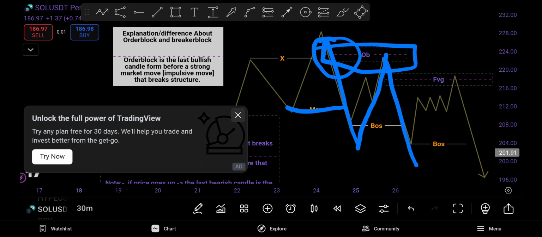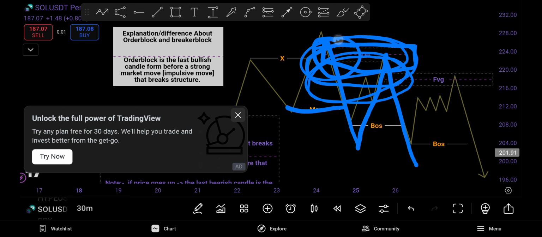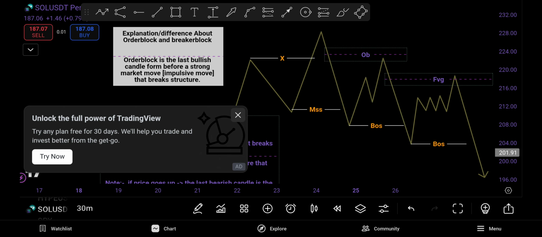That's the reason why I also go to a breaker block, because I also have to explain breaker block for you guys. When price returns to this OB zone, it means there's a pending order around that area which has to be filled before completing the pullback.